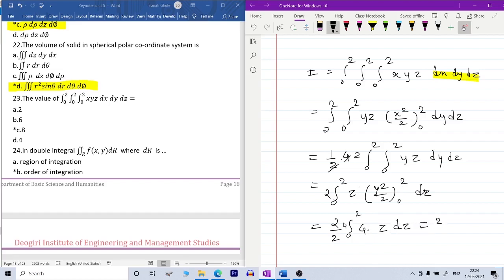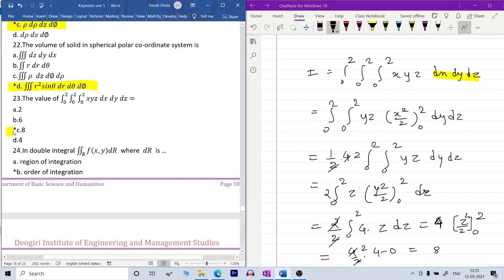So that 2 gets cancelled. So I can write here 4 outside, which is a constant term. Integration of z is z square upon 2, limit from 0 to 2. So again 4 upon 2, applying limit 2 square, that is 4 minus 0. So 2 2s are 4, 4 into 2, 8. So your final answer is 8 here.